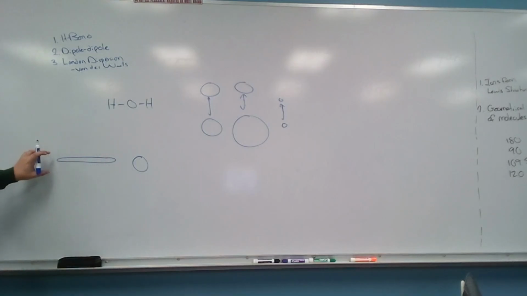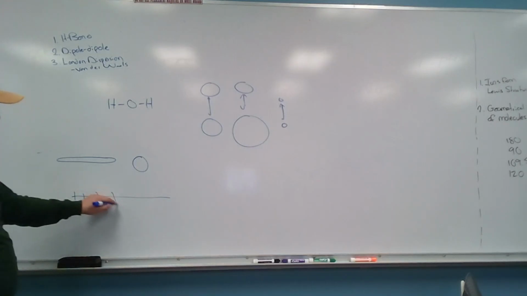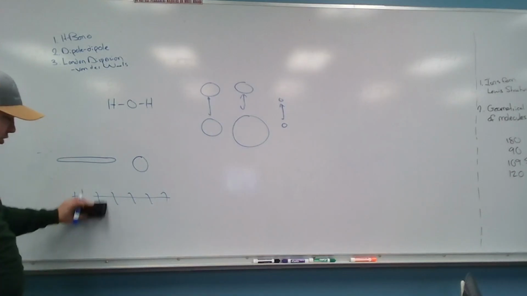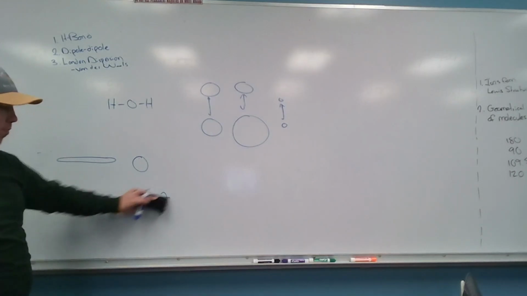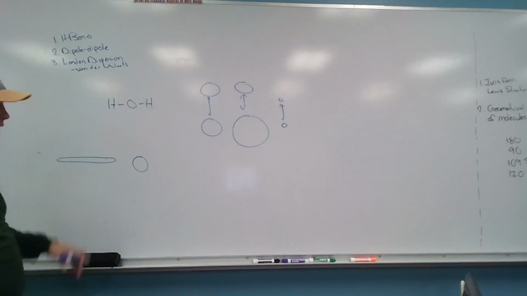If you have your molecule in a chain formation, where every nexus and every end is an oxygen or hydrogen or carbon, that's going to be way more powerful than just a conglomeration of stuff. So the longer and more elongated it is, the stronger the force is going to be.